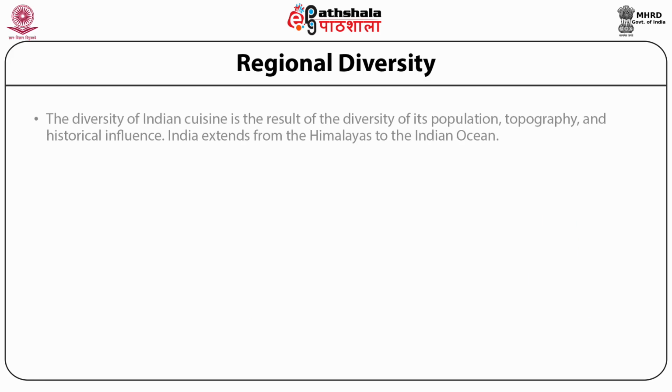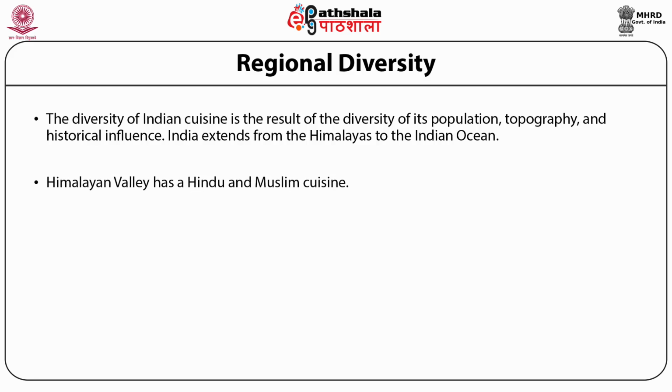Regional diversity. The diversity of Indian cuisine is a result of the diversity of its population, topography, and historical influence. India extends from the Himalayas to the Indian Ocean. In between are the Great Thar Desert, northwestern India, the Gangetic Plain, north to eastern India, the rainforest of the southwestern Ghats, the peninsular Deccan Plateau, central and south India, and the coastal plains.